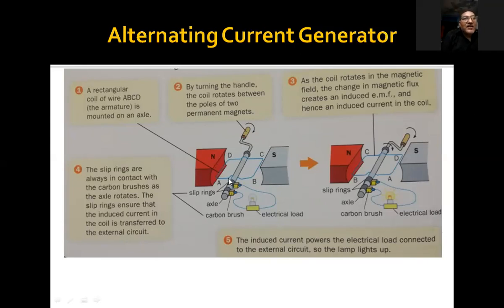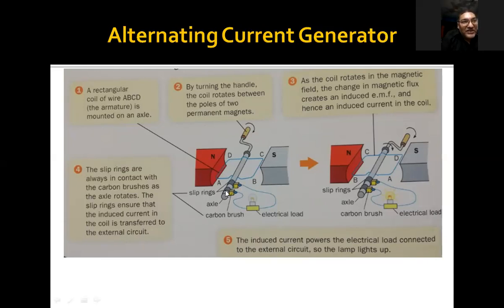This BC side of the coil is connected with this carbon brush, and this AD side of the coil is connected with this carbon brush. Sorry, we call them slip rings, and the slip rings are connected with the carbon brushes.